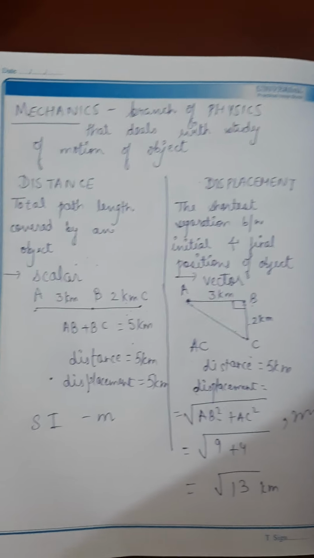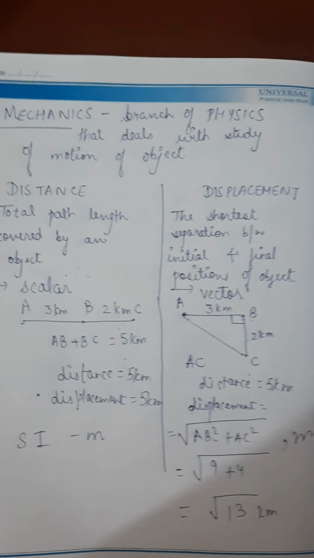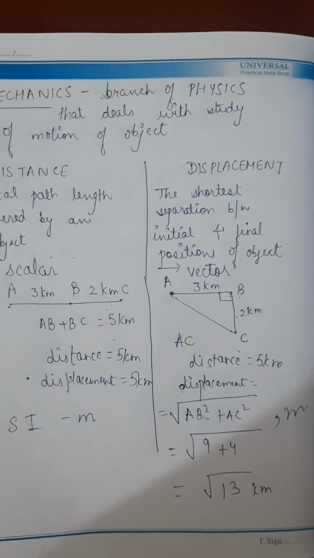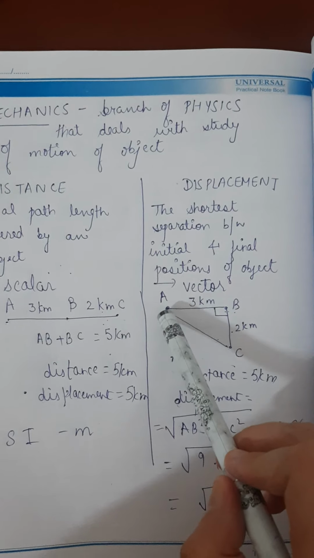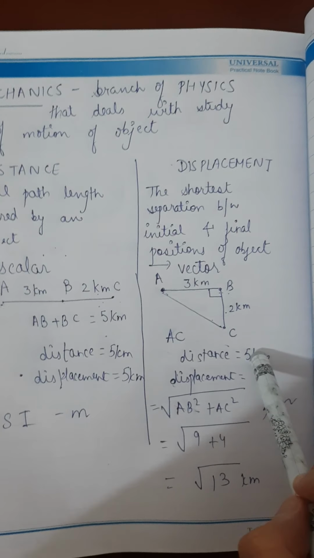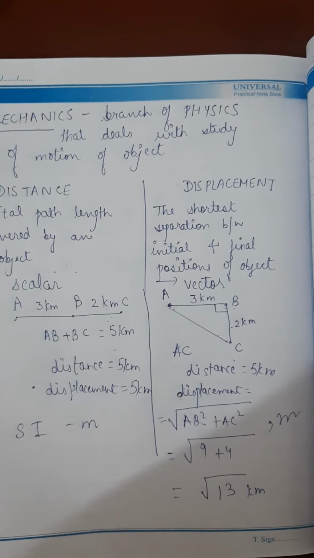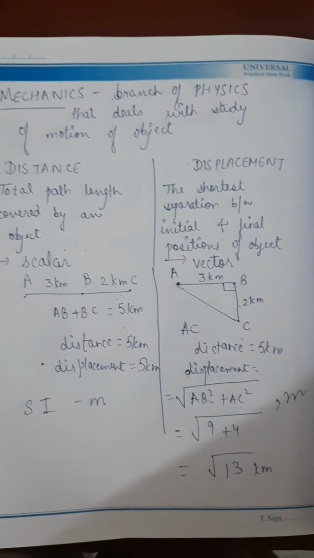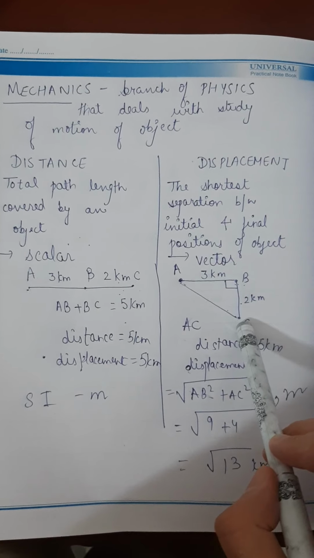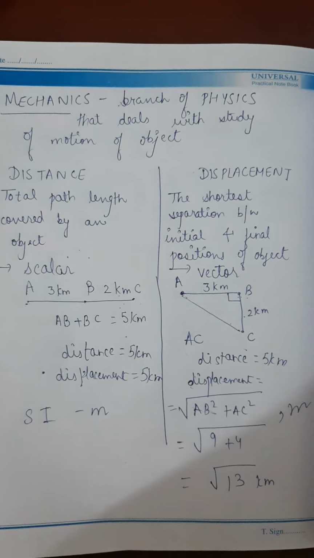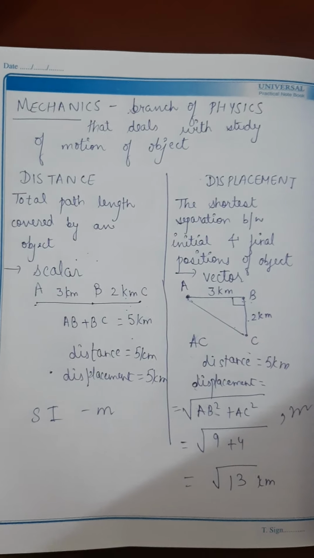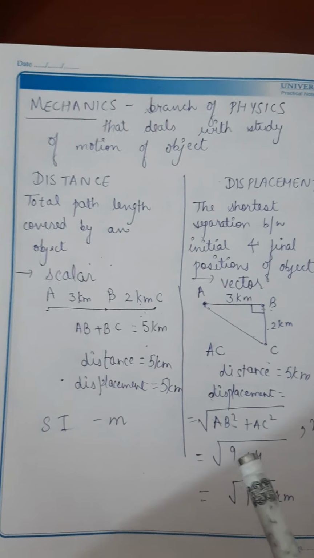But now the new concept is the concept of displacement. Displacement is the separation between the initial and final positions of the object. Initial position means the point from which the object starts, and the final position is where the object goes to rest.